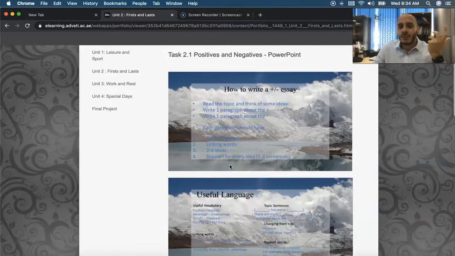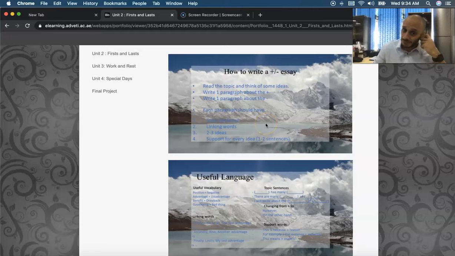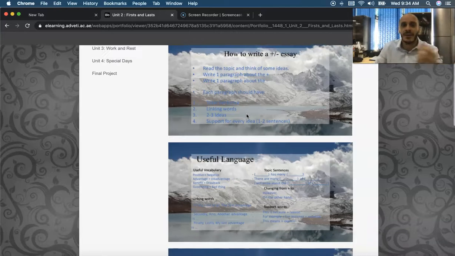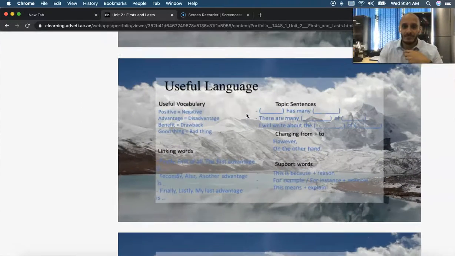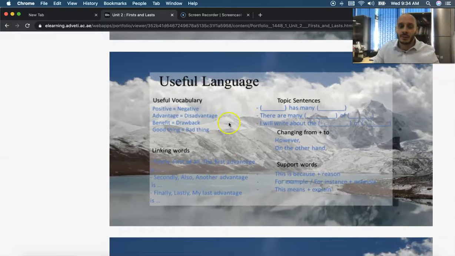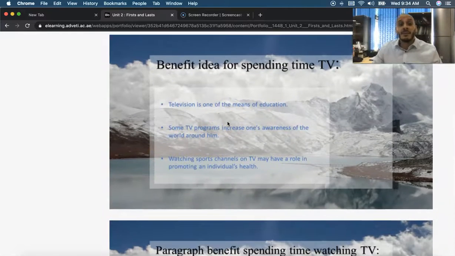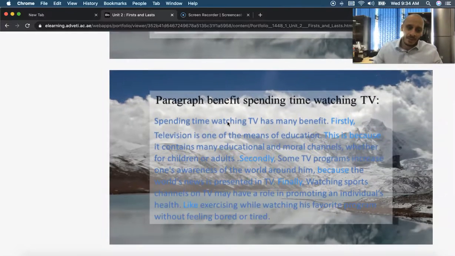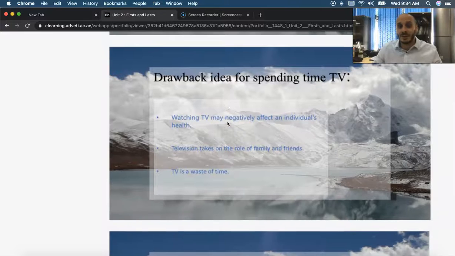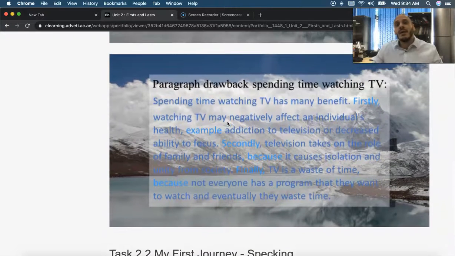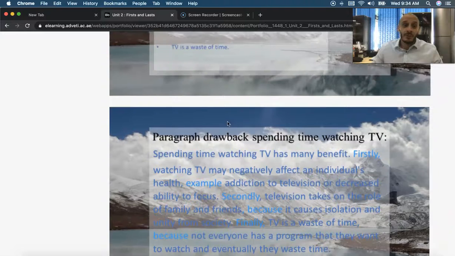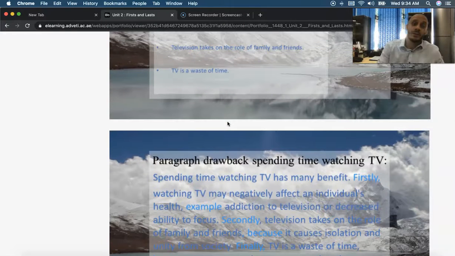So we discussed how to write an essay, to brainstorm, to put the positives in one paragraph, the negatives in the next. We looked at useful language like topic sentences, linking words. They brainstormed. They made the paragraph. They brainstormed the negatives. They made the paragraph. Not a bad activity, but it was massively time consuming.